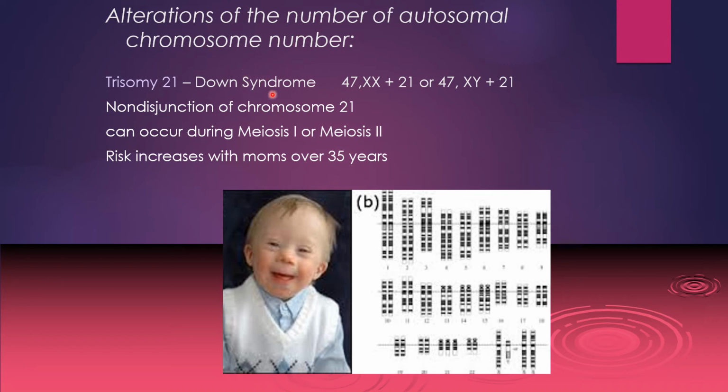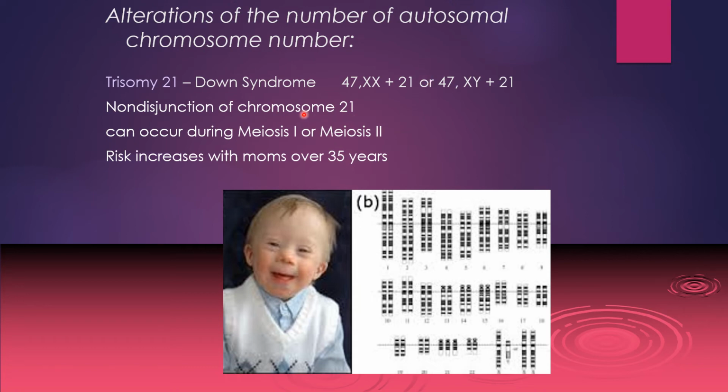What you're seeing here is a 47. That's telling us the number of total chromosomes. XX is telling whether it's a male or female. In this case, it's a female. And it's also going to say plus 21, and that's the additional chromosome. So in a male it would be 47 XY plus 21, and plus 21 is representing chromosome number 21, where there are 3 copies.